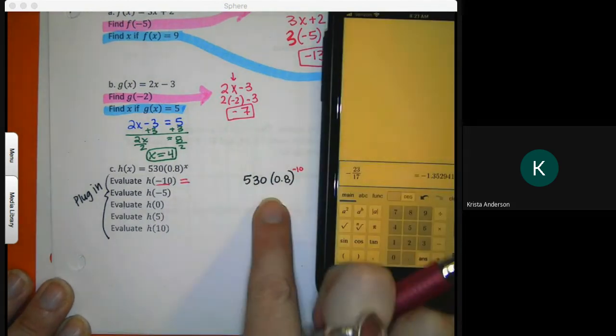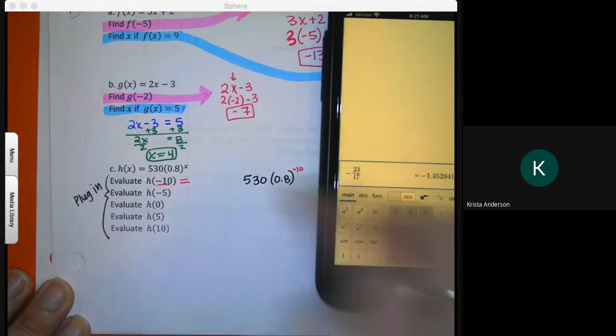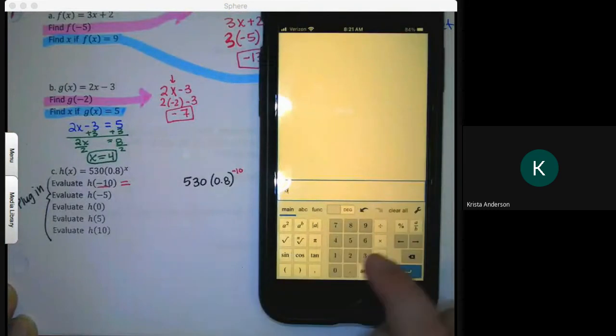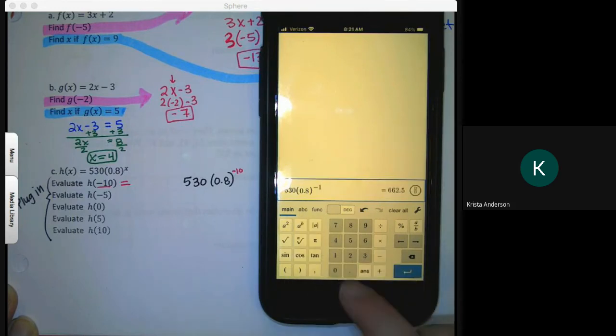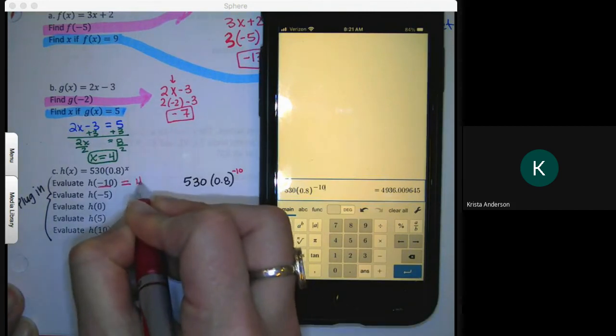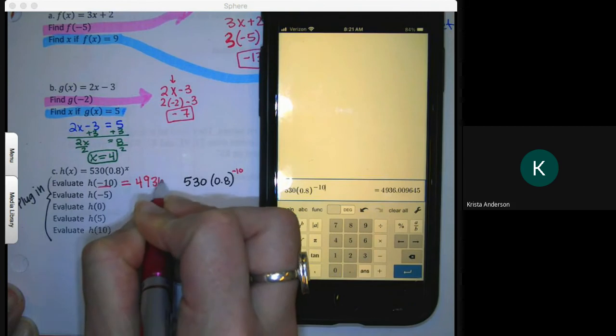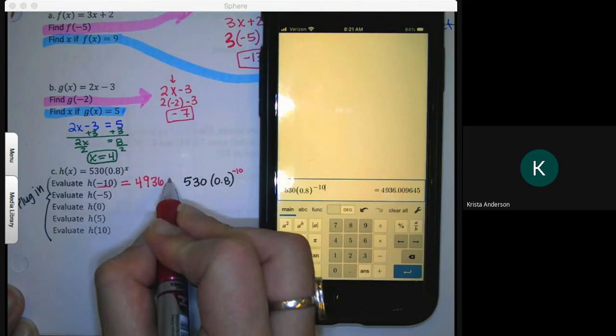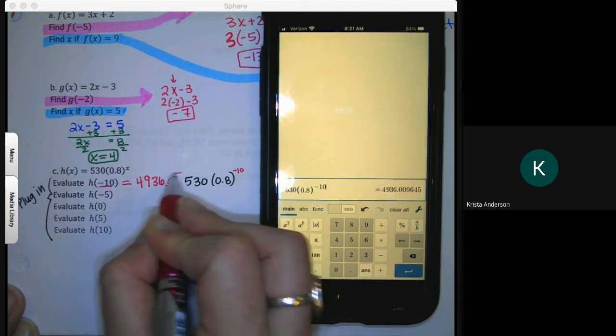I don't have to show my work. This is just what I would type in. So I'm going to type that in. 530, parenthesis, 0.8, close, to the power of negative 10. 4,936.009. This 9 would round that 0 to a 1.